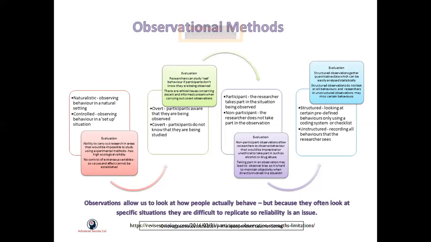So, observations help us look at how people actually behave, but because they often look at specific situations, they are difficult to replicate. And so with observations, reliability is often an issue.